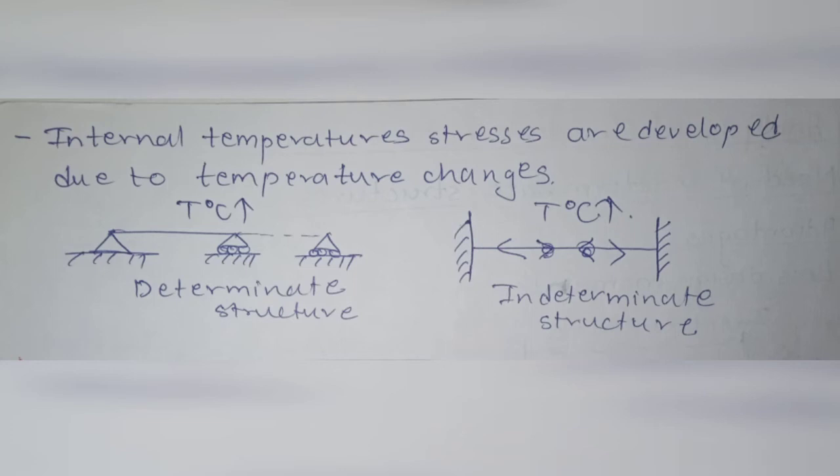This increase in the length is not restricted or resisted in the determinate structure, but in indeterminate structure, due to extra indeterminate components or extra reactions, it is resisted, and which will lead to temperature stresses in indeterminate structure.